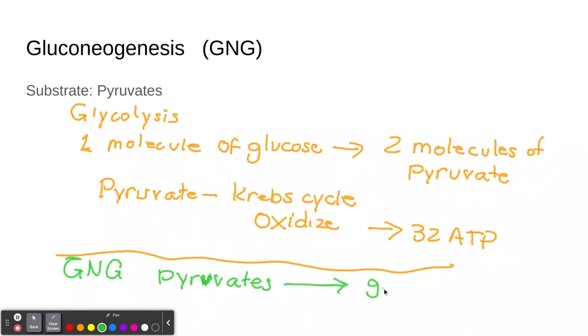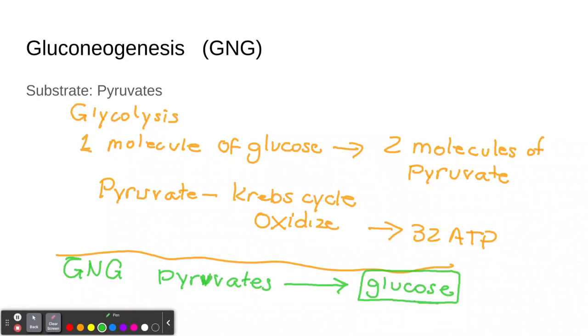So it's the reversal of what's happening in glycolysis. And so there is the glucose that the body wants. Remember, the body prefers it. It's easier if you have carbohydrates, but if you didn't have carbohydrates, we know by glyconeogenesis we can get glucose through pyruvates in many steps.